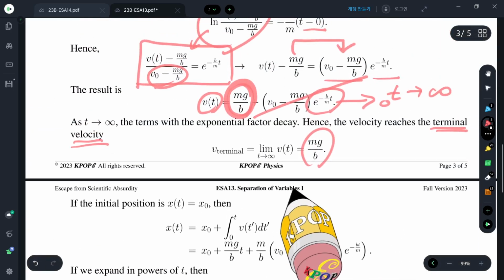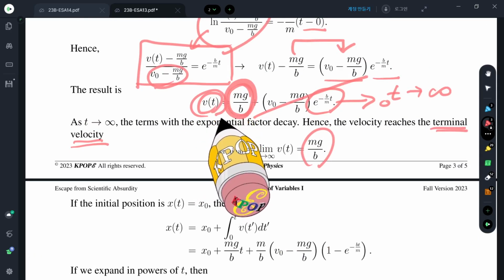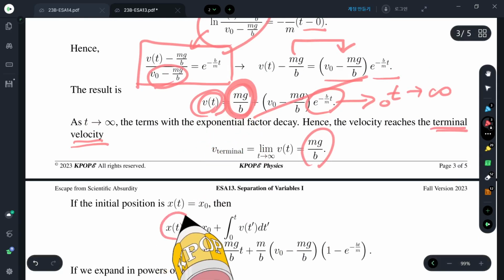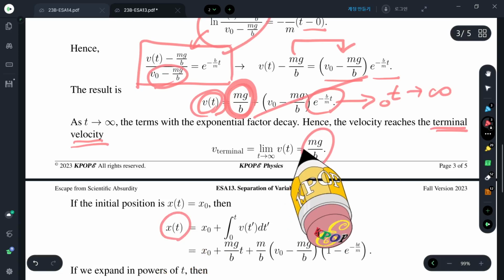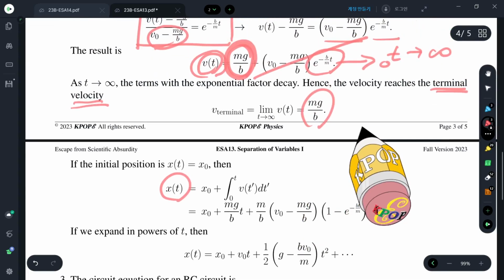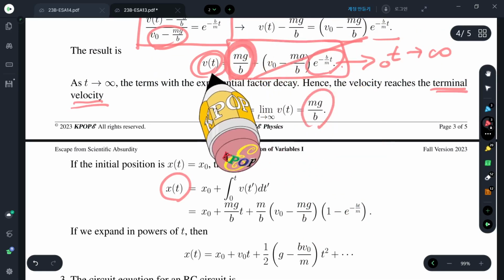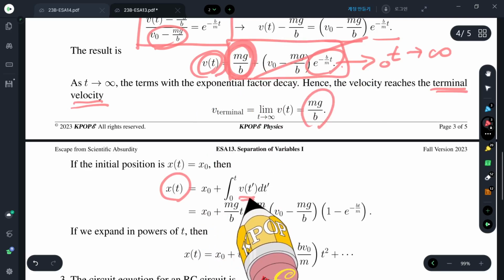Because we have obtained the velocity, we can integrate this velocity one more time to obtain the position of the particle at any time. That can be done by substituting this explicit time-dependent function of v into this integral.